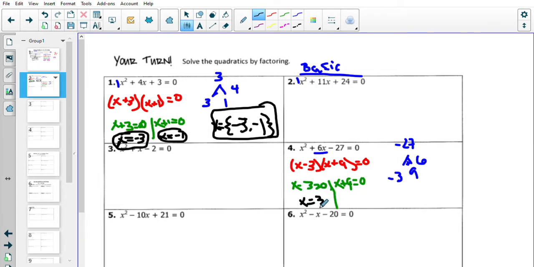That gives me x equals +3 as my first one. And then I'm going to subtract 9 on both sides because it's the opposite of addition. And that gives me x is equal to -9. Okay, so we have our 2 solutions of -9 and +3. So we have x is equal to -9 and +3. There we go.